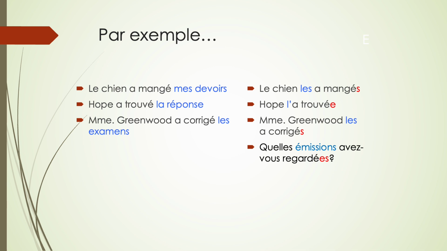So, émission comes before the verb avez-vous regardé. So we're going to make the past participle agree with émission, and we're going to add an E and an S because it's plural and feminine. Quelles émissions avez-vous regardées?